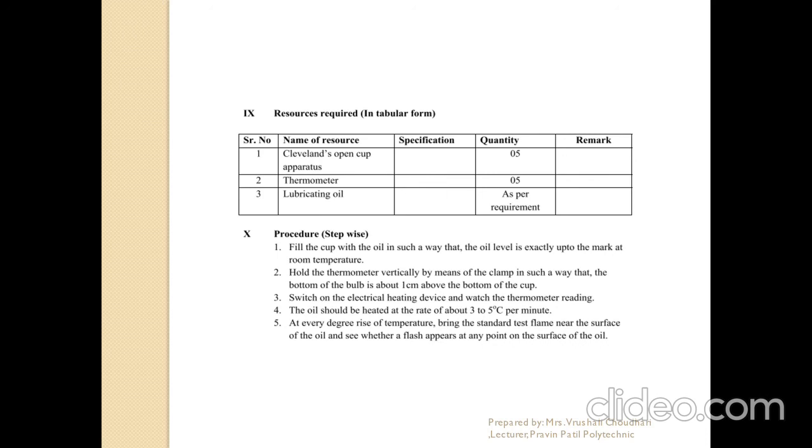Then we hold the thermometer vertically, attached to the clamp, so that the bottom of the bulb reaches the lubricating oil. We measure the temperature of the oil and check at that temperature whether it catches fire or shows a flash by igniting. In the video I will show you how to ignite the samples.